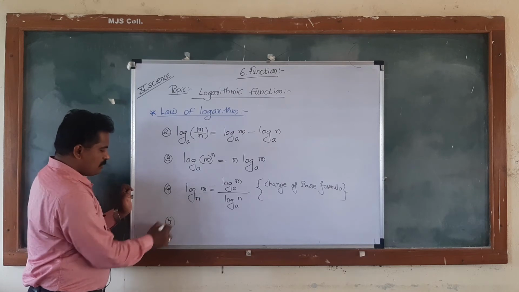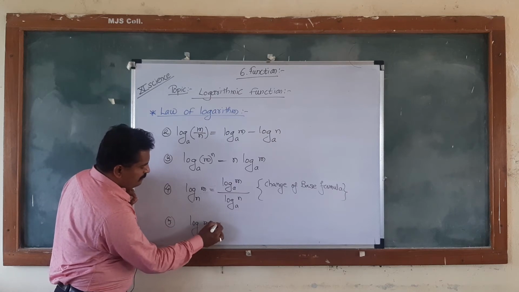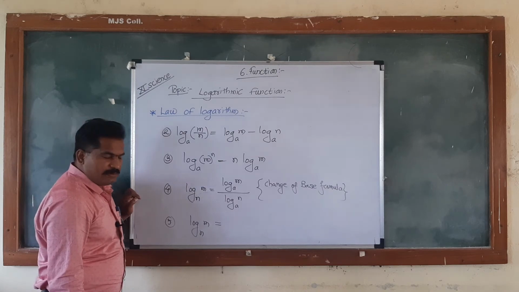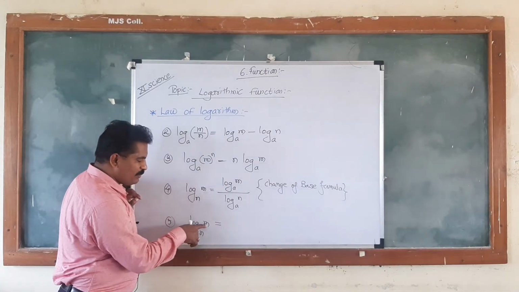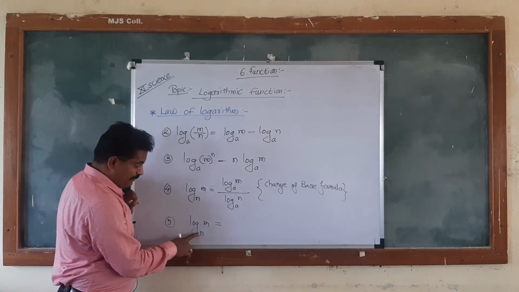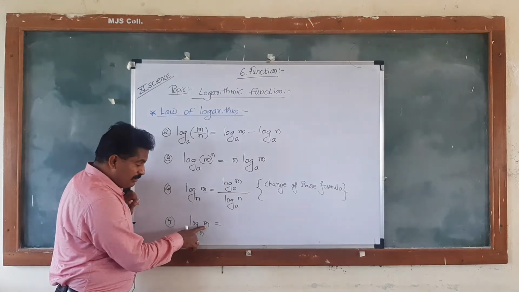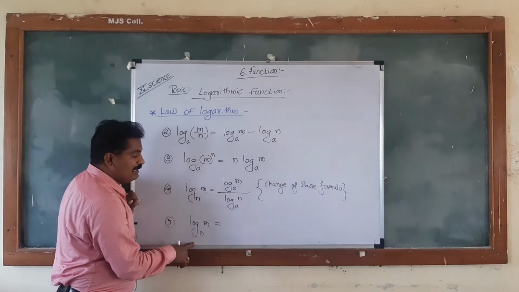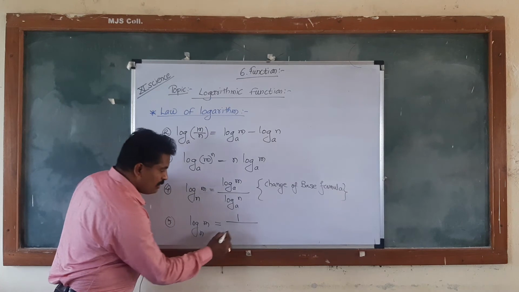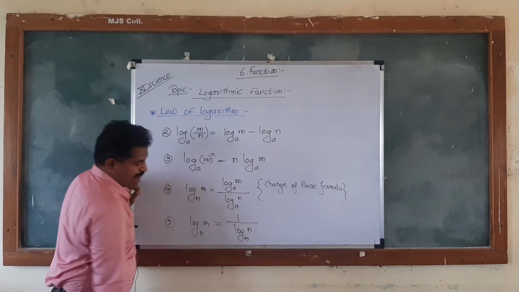The fifth law is log of m to the base n, but we need m as the base. There is a reciprocal nature between m and n. Then we can change this base by taking the reciprocal: 1 upon log of n to the base m.